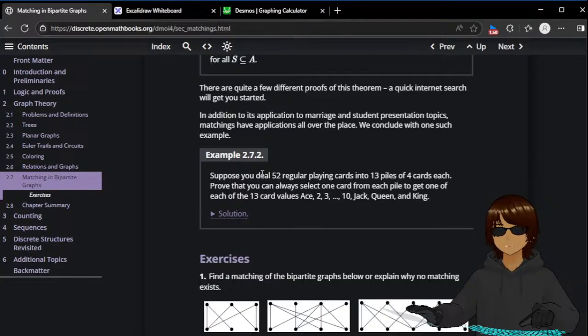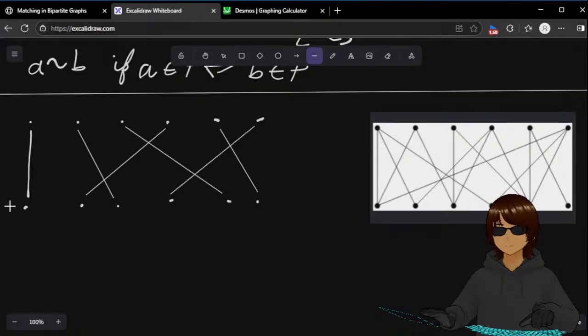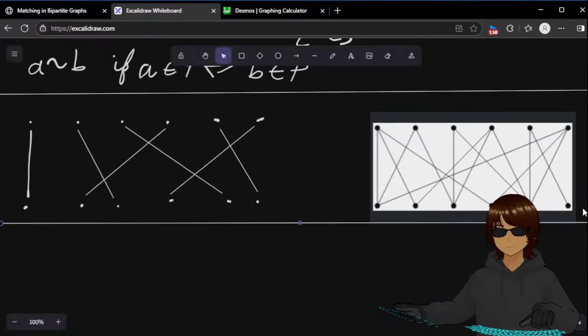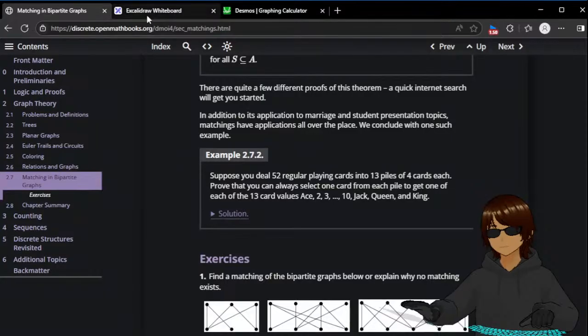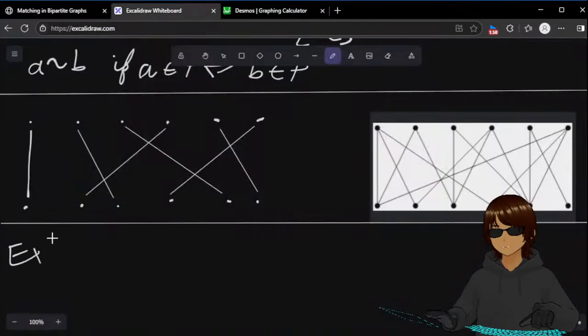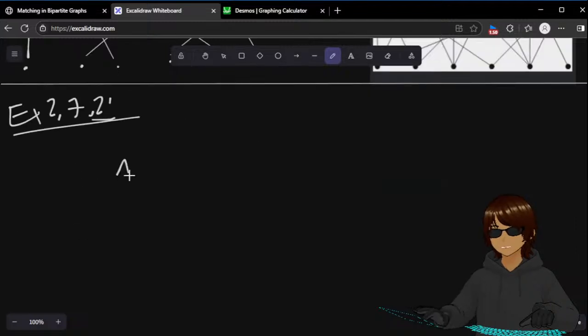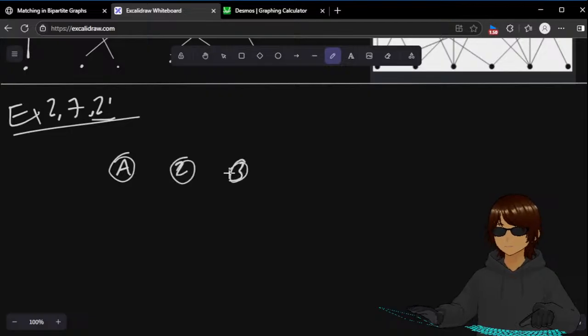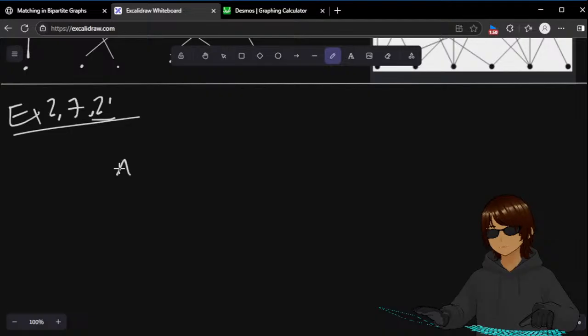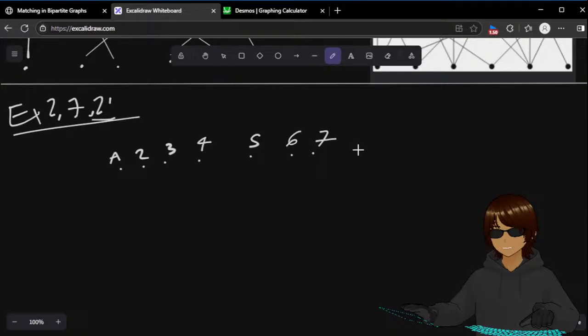Wait, hold on. How can we prove this? Suppose we have a graph. Example 2.7.2. We have the aces, and vertices 2, 3, 4, 5, 6, 7, up to 9.